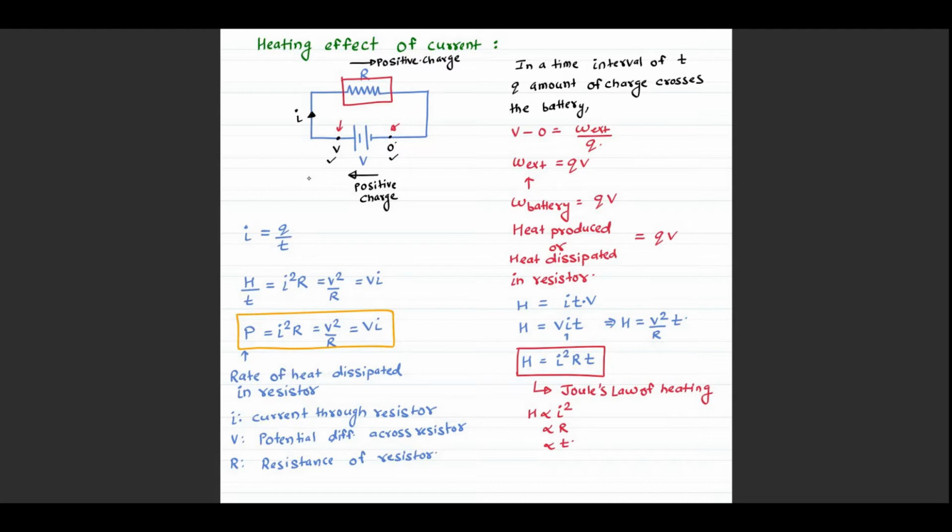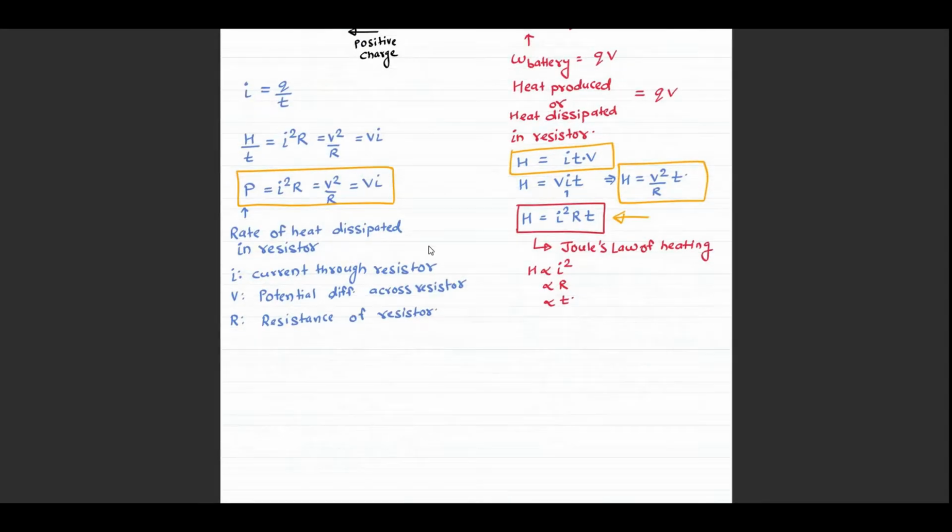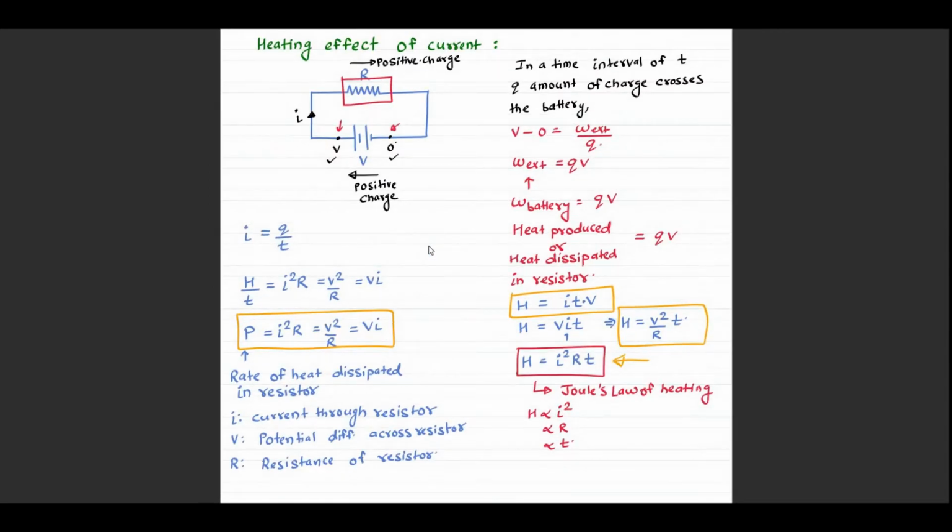Right? So the important formulas then. First is this rate of heat dissipated. This is the heat produced, which can be utilized in this form also. Now it is not necessary that all the electrical input will always be converted into heat.